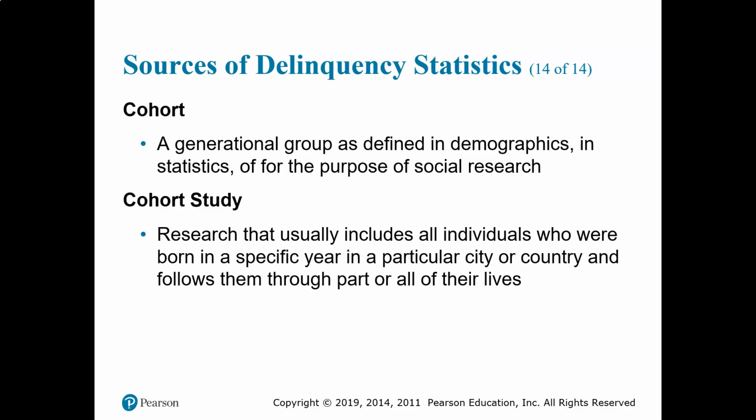Okay, another type of group to study is a cohort. And I'm going to explain a cohort because some friends of mine, my friends' parents who are in their 70s, are in a cohort study that has been taking place for 50 years.